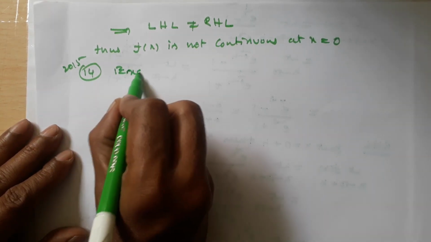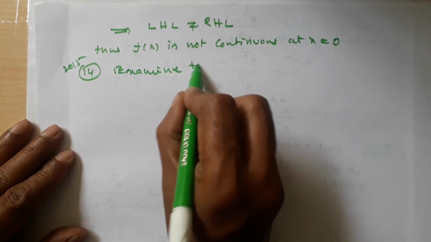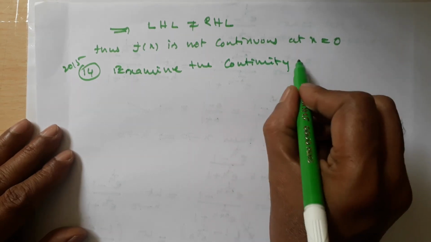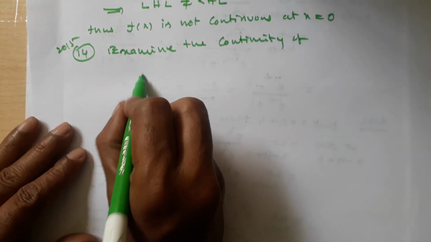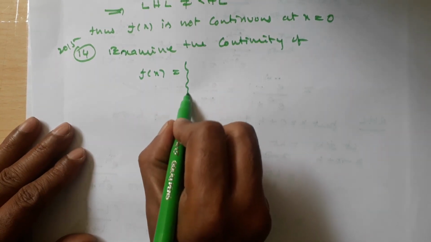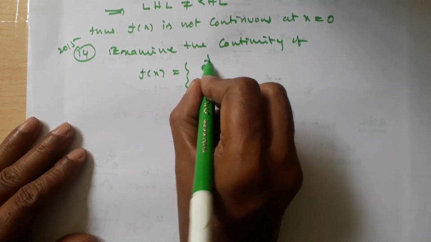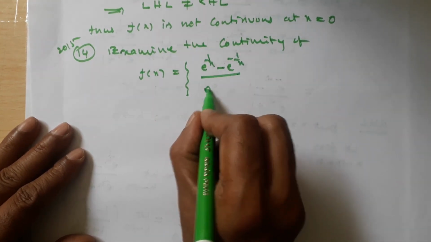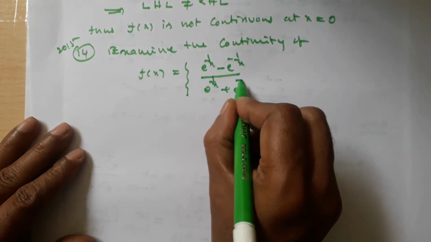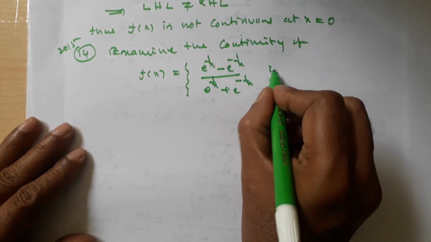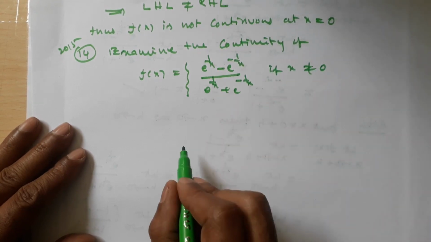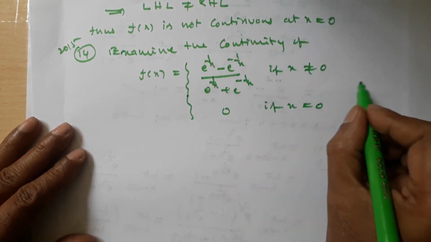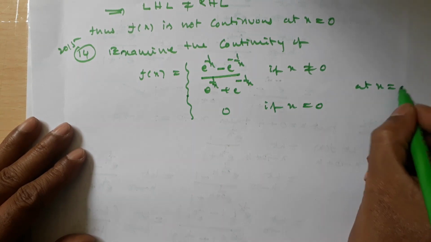Examine the continuity of f of x is equal to e power 1 by x minus e power minus 1 by x divided by e power 1 by x plus e power minus 1 by x if x is not equal to 0, is equal to 0 if x is equal to 0, at x is equal to 0.